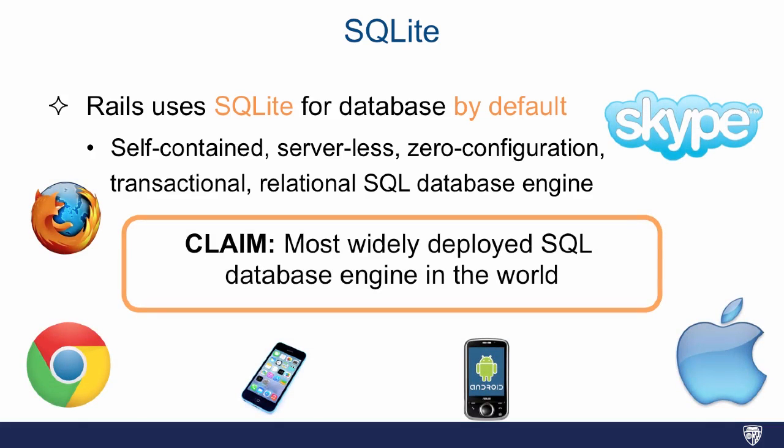And SQLite actually is claimed to be the most widely deployed SQL database engine in the world. All these devices, Android phones, Apple phones, different browsers use SQLite to store information.